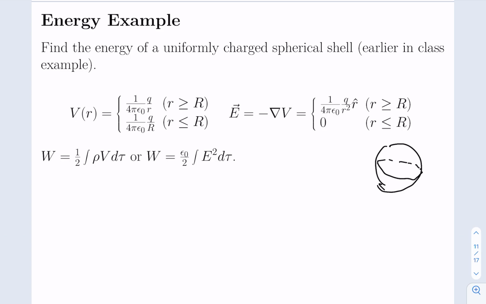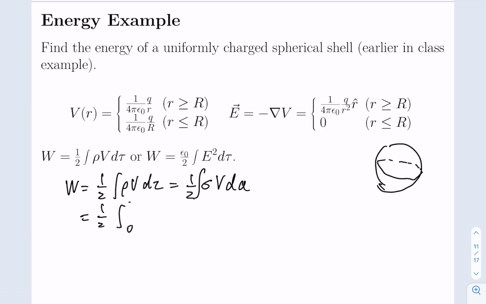So if we do this using method 1, this volume integral is really a surface integral because we only have the surface charge here, and now you can simply plug in everything, integrating over theta and integrating over phi.